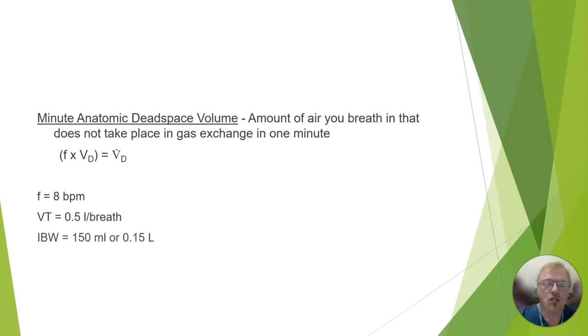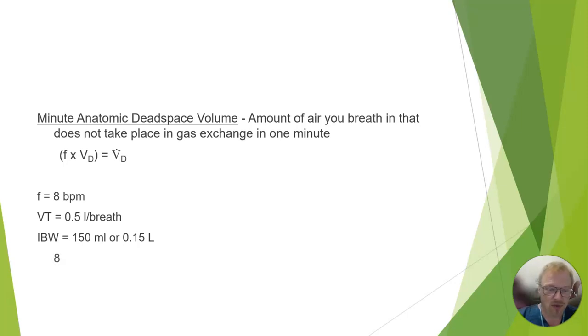But we need to know the patient's weight. So the patient weighs 150 pounds. 1 ml per pound means 150 mLs, or 0.15 liters is their anatomic dead space.